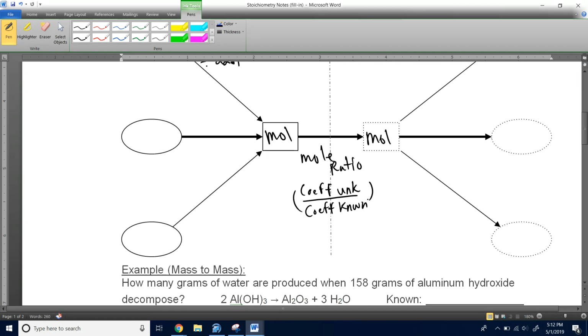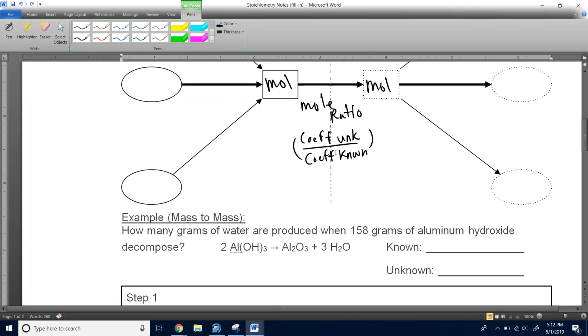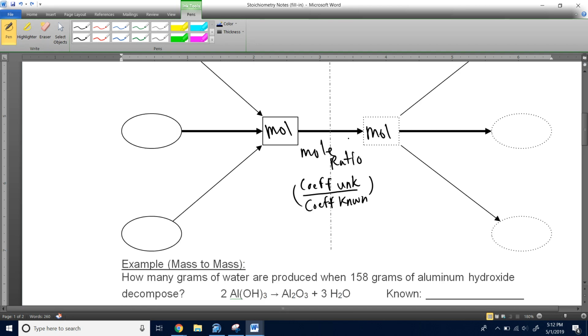That's our fraction for the mole ratio, and that's how we're going to be able to convert from one mole to the next mole. That's essentially our method to go from moles to moles, using the mole ratio.